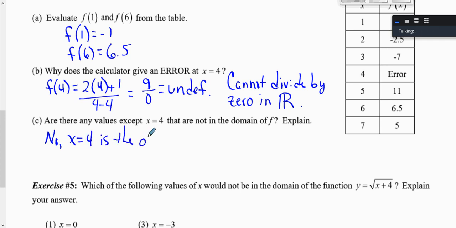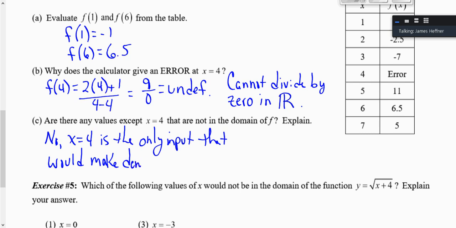It's the only input that would make the denominator 0. Okay?